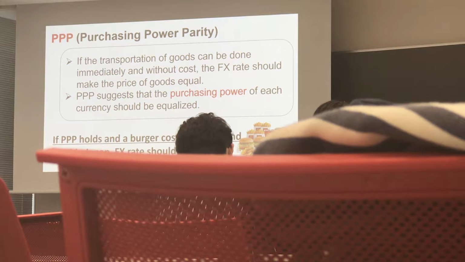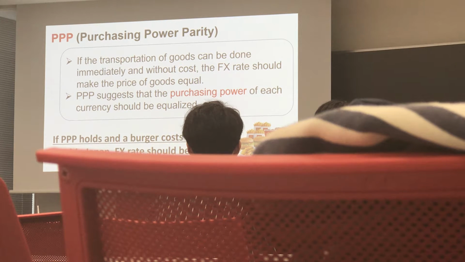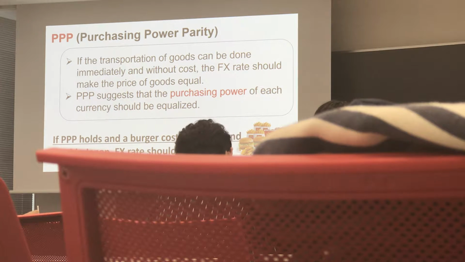One of the most important theories is PPP, or purchasing power parity. The purchasing power is the power of the currency to buy goods. Therefore, if PPP holds, and the hamburger price in the US is $1 and 110 yen in Japan, then the FX rate should be determined at 110 to balance the cost in the States and the cost in Japan.